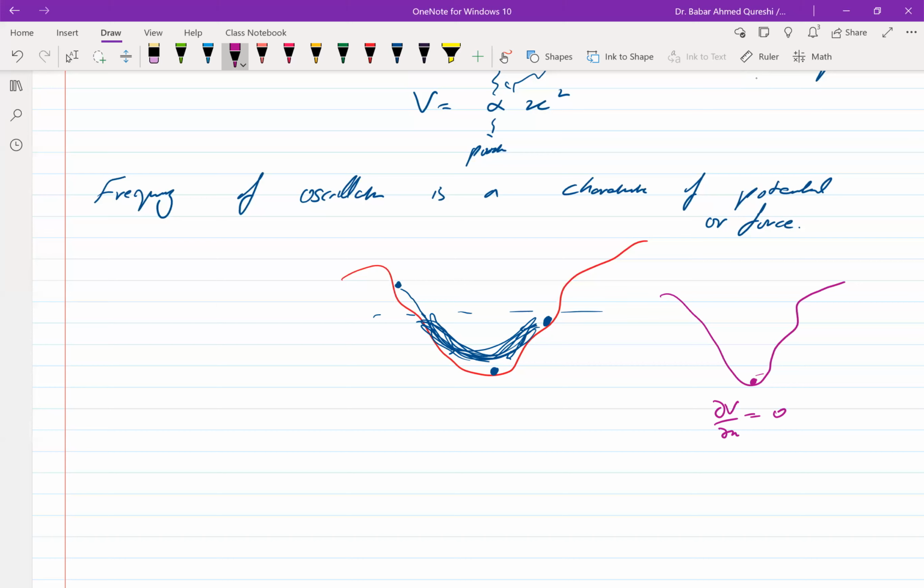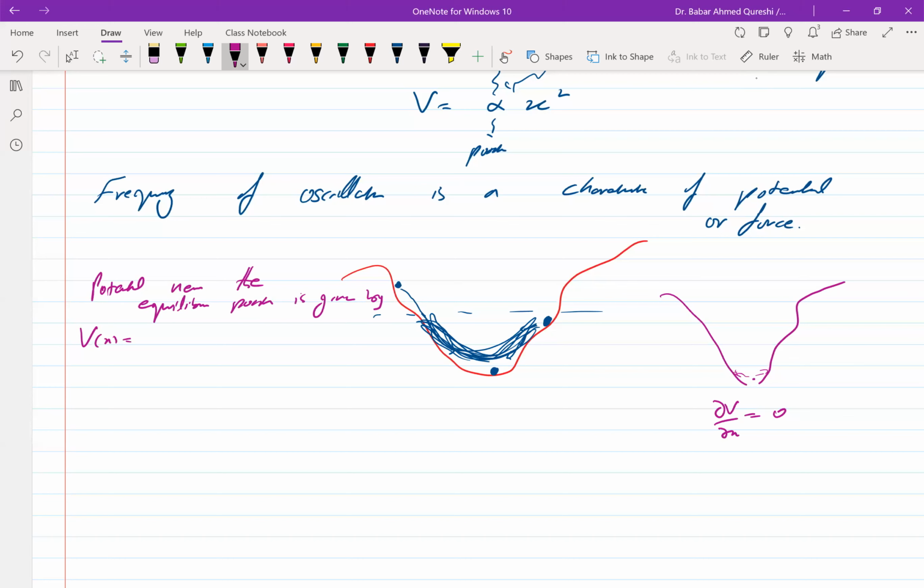If you disturb the particle a little from its equilibrium position, then you can describe the potential near the equilibrium position by just Taylor expanding it.